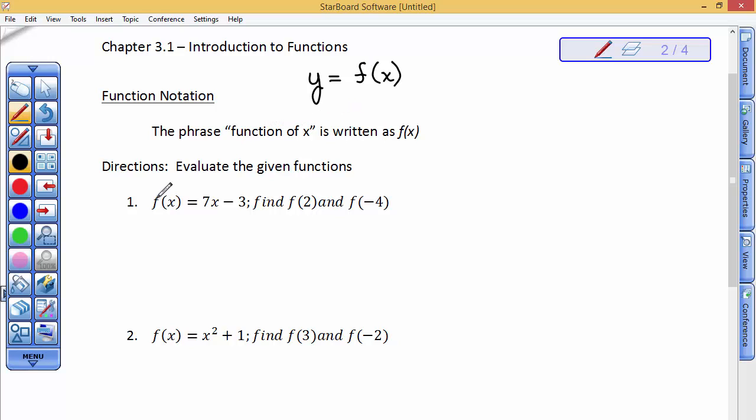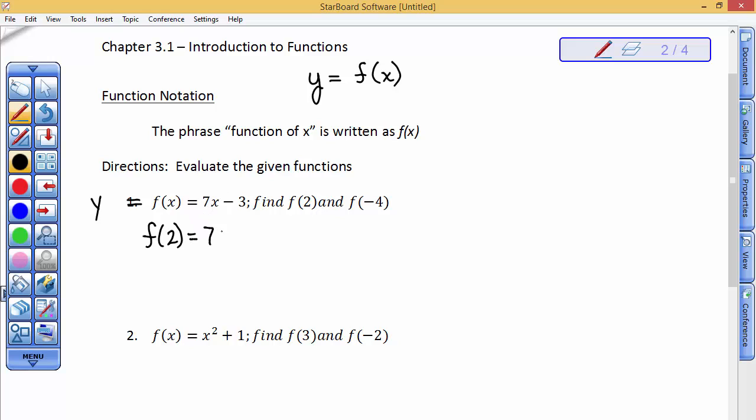So here I say f of x equals this equation. What I mean is that y is equal to this equation, but if I want you to evaluate it and I want you to put a 2 in for x, then that means anywhere you see x in the equation, I want you to substitute a 2 in and then follow order of operations to evaluate it.